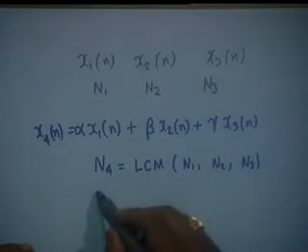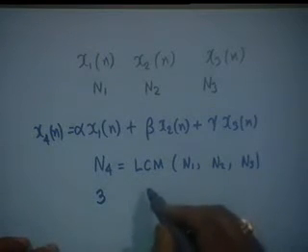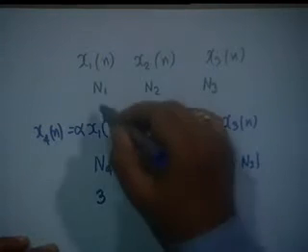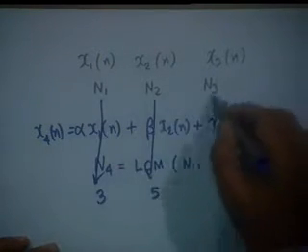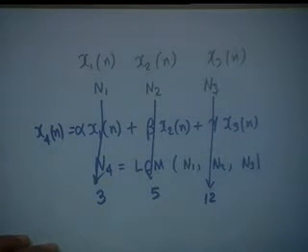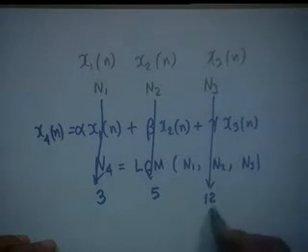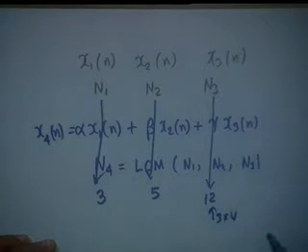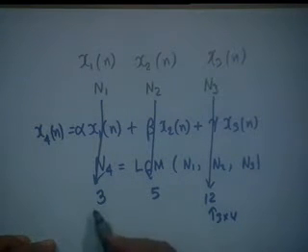Suppose N1 is 3, N2 is 5 and N3, let us say, is 12. Then the LCM of 3, 5 and 12 you can easily verify is 60, isn't it right? Because 12 is 3 multiplied by 4 and 3 is already contained there.